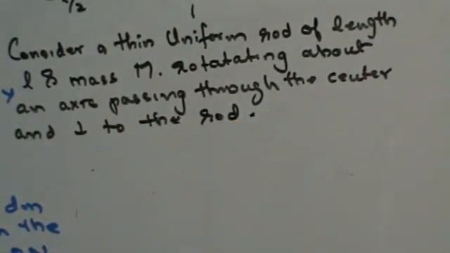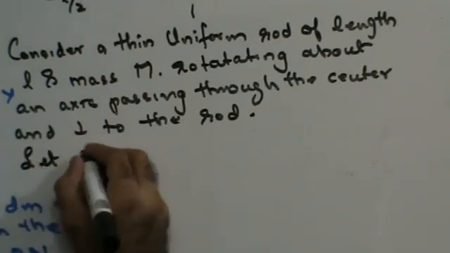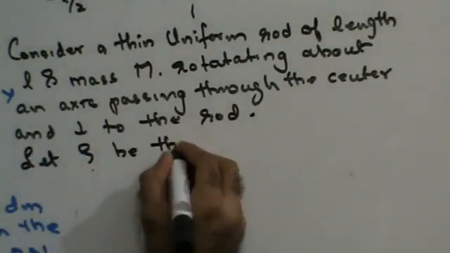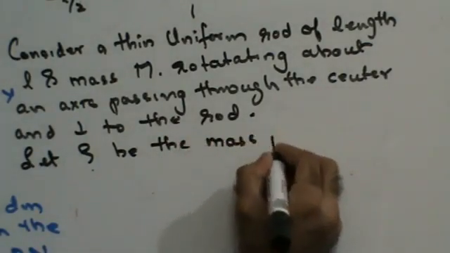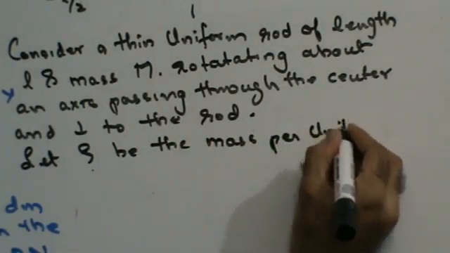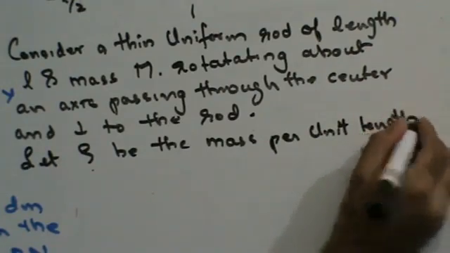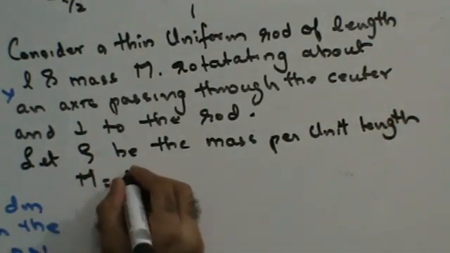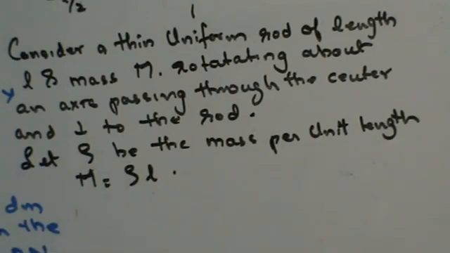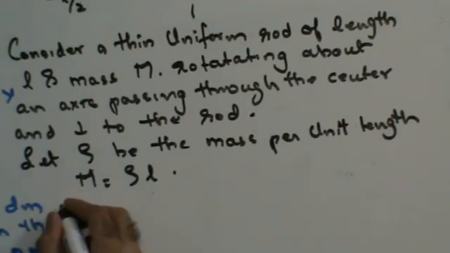Now let's assume that rho be the mass per unit length. If rho is the mass per unit length, that means the total mass is mass per unit length into the length.